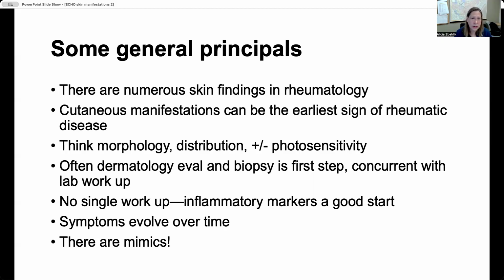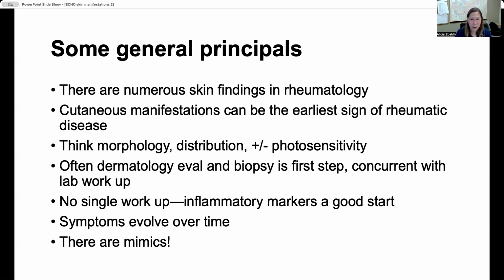And then there's no single workup for rheumatology. And I know over the past few sessions, we've talked a lot about lab workups, and they can be quite extensive, but there's not one recommended one. If anyone's at a loss, a good place to start is always CBC, Comprehensive Metabolic Panel, to check that renal function.